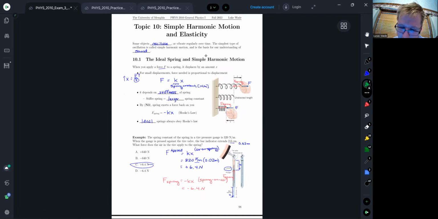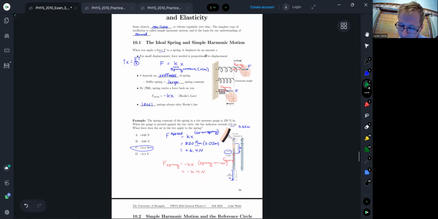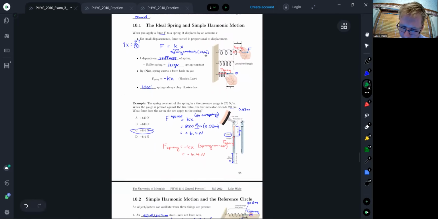So the idea is for a spring that the restoring force that spring exerts on an object as the spring is compressed is proportional to how much that spring is displaced from its equilibrium position, which is where it is not strained at all by anything. It is just sitting there, not stretched or compressed. However much it gets stretched or compressed relative to that position determines the amount of force it exerts back to try and bring itself back to equilibrium.